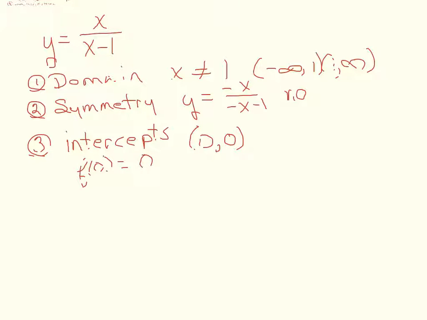If we think about asymptotes, there are no common factors that factor out, so here we have a vertical asymptote at x equals 1. Notice the degree of the numerator and denominator are the same, so we have a horizontal asymptote at y equals 1.